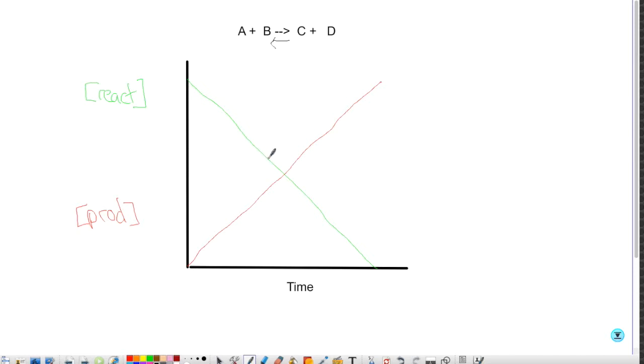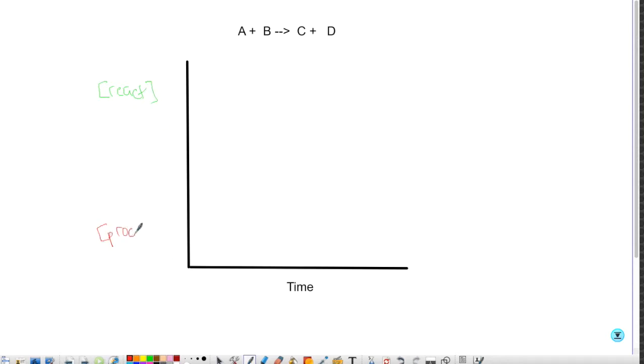So what actually happens is that, let me label my reactants and products again. Concentrations of reactants and concentration of products. My concentration of products is going to start at zero, but instead of being linear, it's going to increase like this.